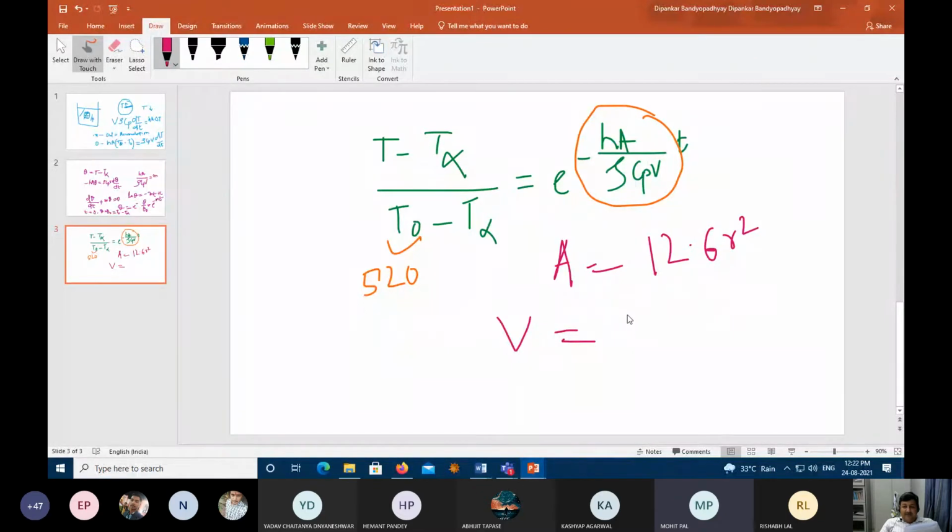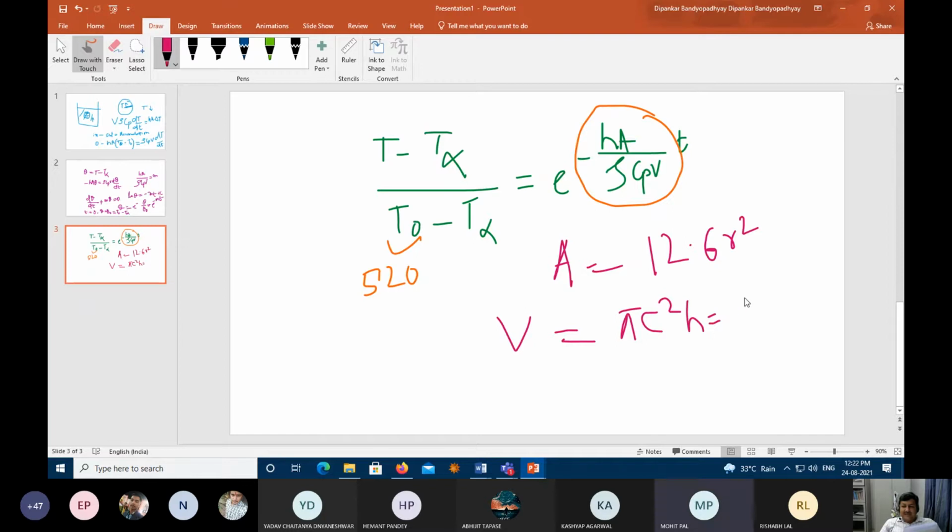Just a minute. Volume will be pi r square h, right? And r and h are the same, correct? So you have pi r cube. You do it a bit differently, otherwise you will get confused. Say the radius of the cylinder is c, so pi c square h.